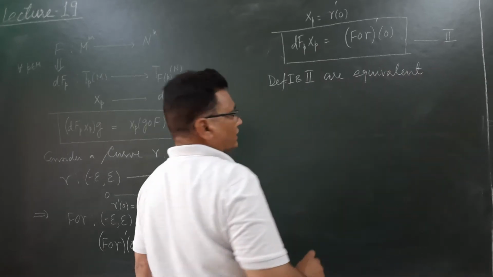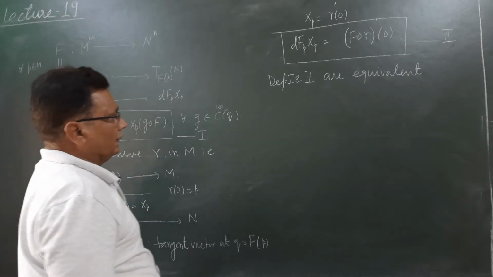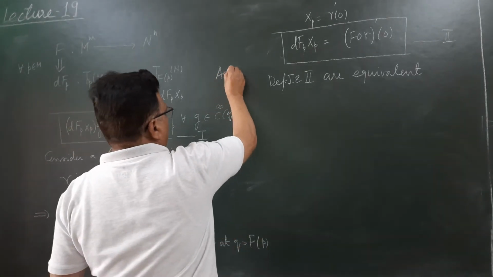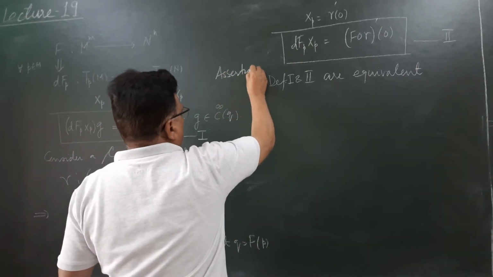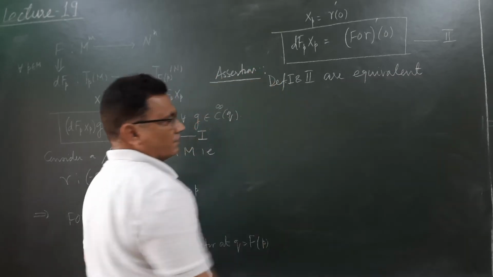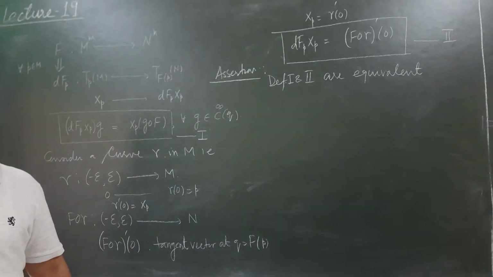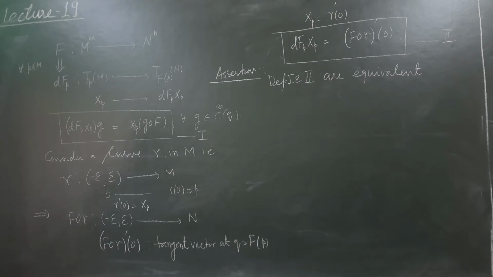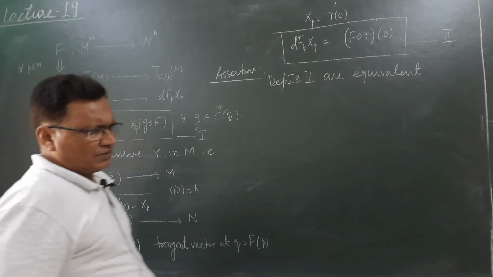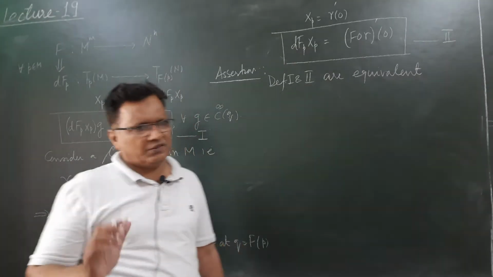This is our assertion and it requires proof. So 0 we are choosing for the sake of convenience only. It is not important, but for the sake of convenience we are choosing it.